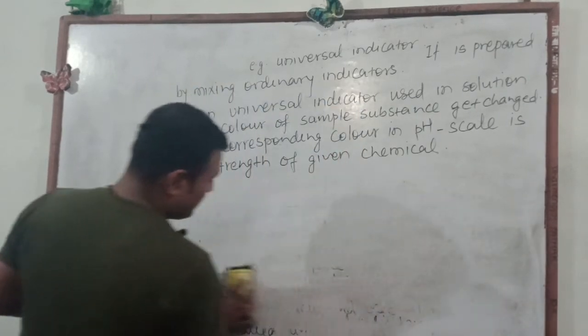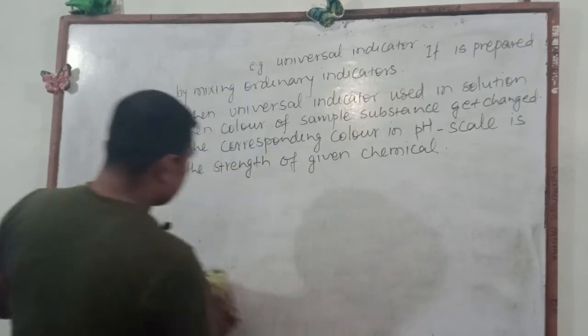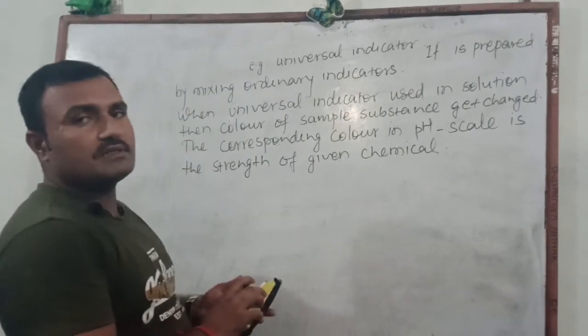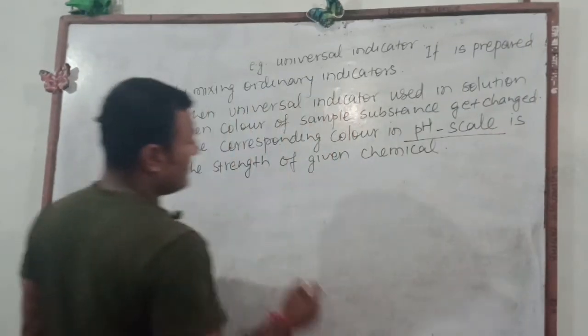And in this way, with the help of the pH scale, it helps to determine the strength of chemicals. And here a new term is developed: what is the pH scale?